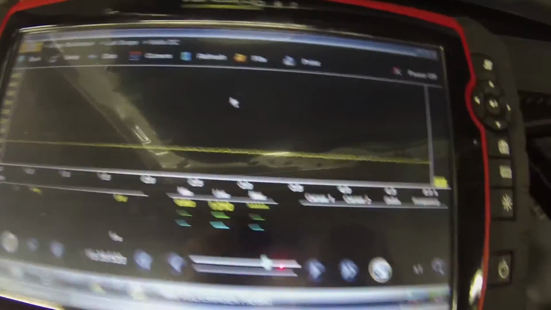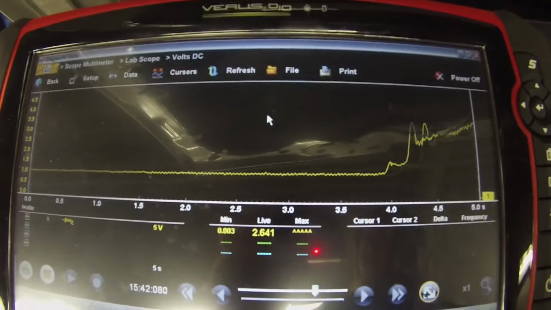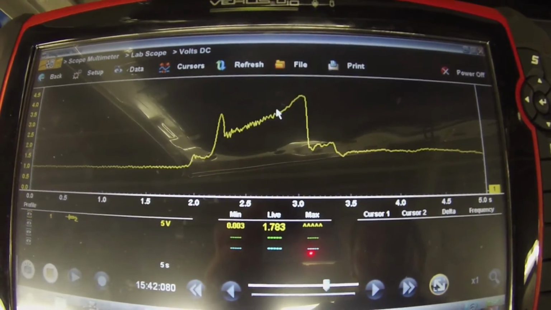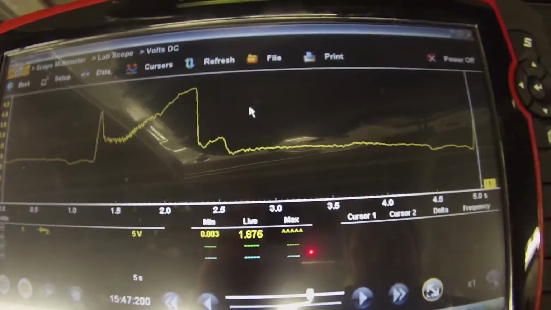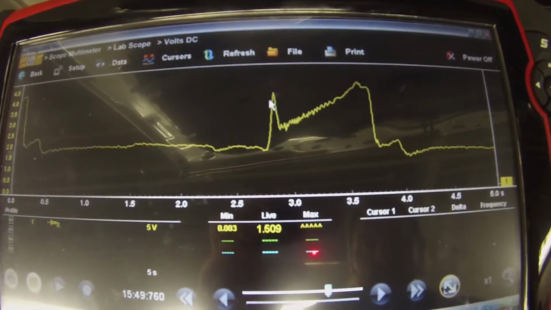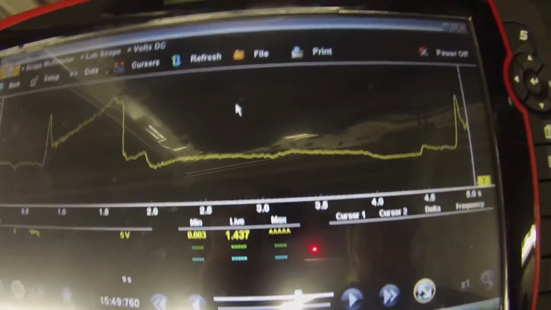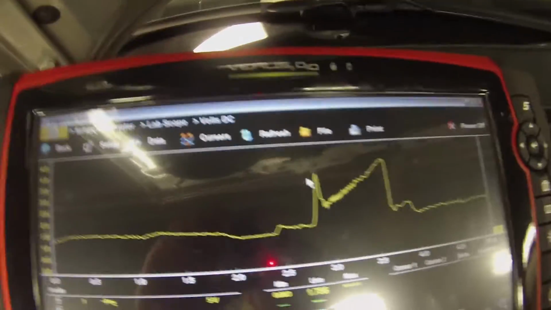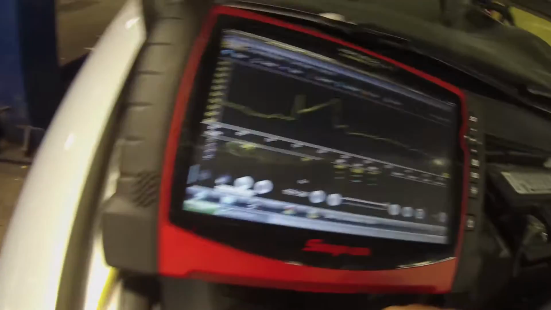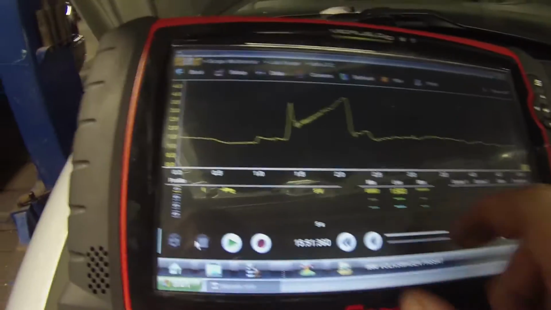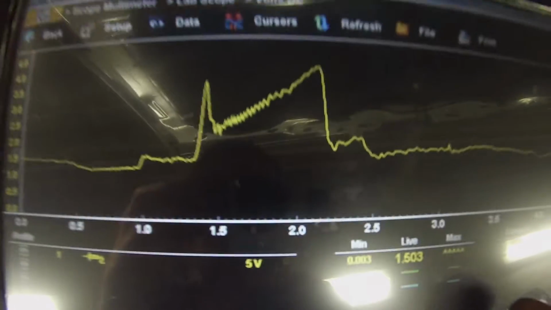Let's get a couple snap throttles. A little bit of hesitation there. That's a good looking one.